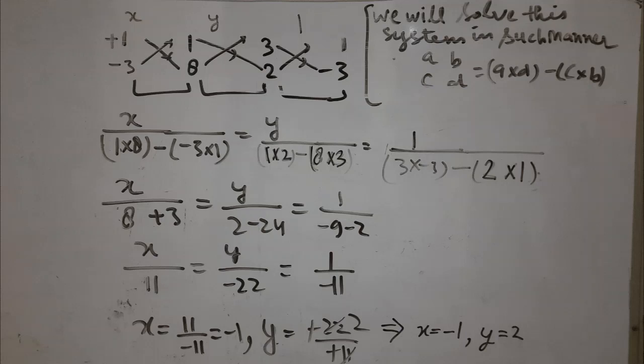Then x upon 1 multiplied by 8 minus 3 multiplied by 1, y upon 1 multiplied by 2 minus 8 multiplied by 3, equal to 1 upon 3 into minus 3 minus 2 into 1. x upon 8 plus 3 equals y upon 2 minus 24 equals 1 upon minus 9 minus 2. On solving it, x is equal to minus 1 and y is equal to 2.